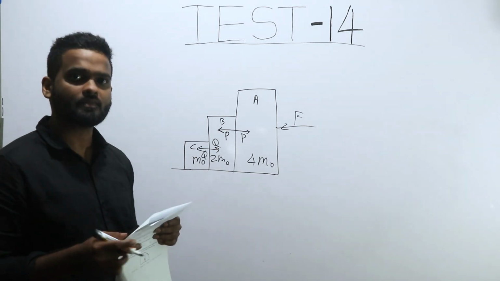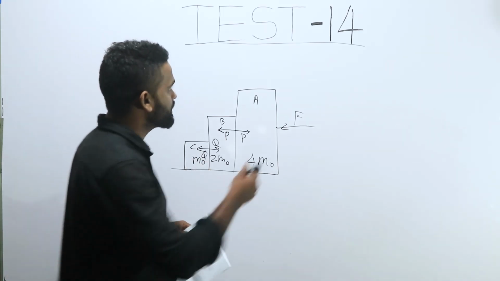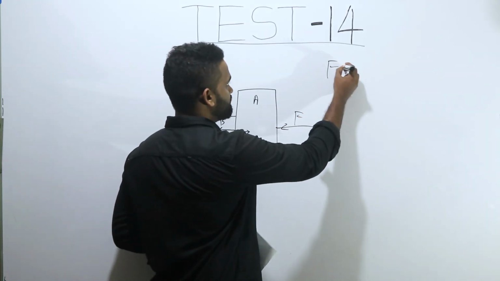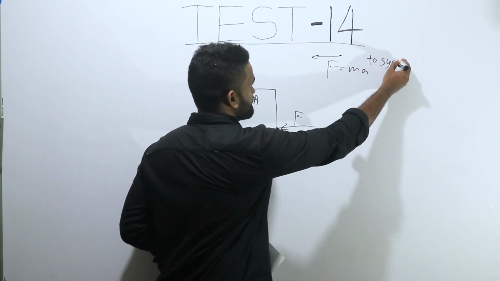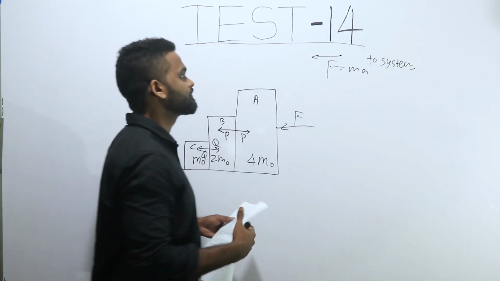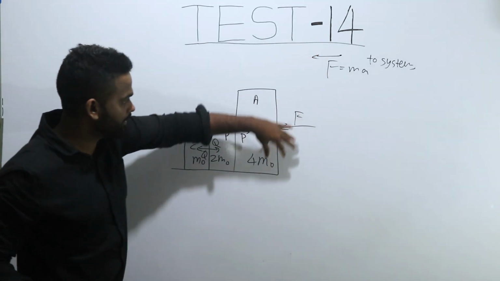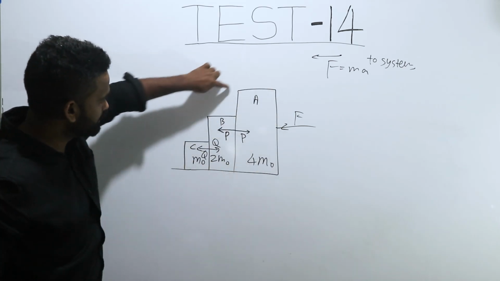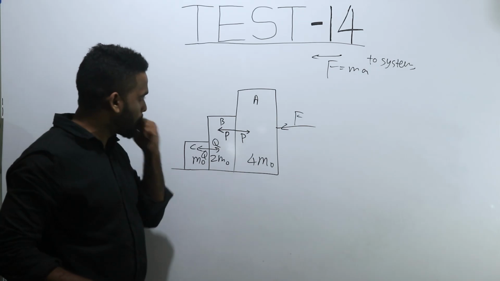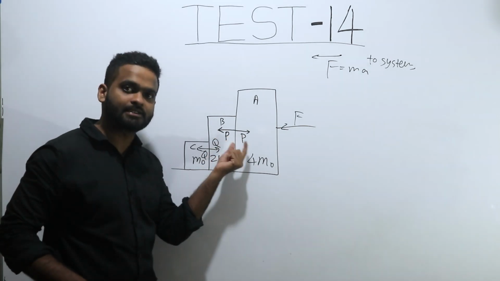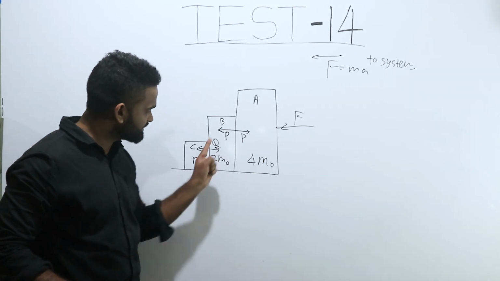Then you have to apply F equals ma. First I'll apply F equals ma to the system. System means the whole system. So horizontally, when you isolate the whole system and think about horizontal forces, these forces become action and reaction forces.